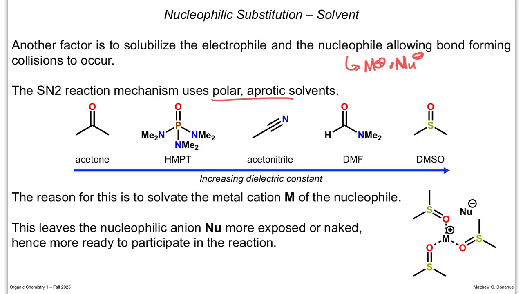So it's moving the metal away from the nucleophile, and so we use this word exposed or naked. Now the nucleophile is out there, it has to react. Its partner is being shielded by the solvent. So that's another reason we want this class of solvent or organic molecules.